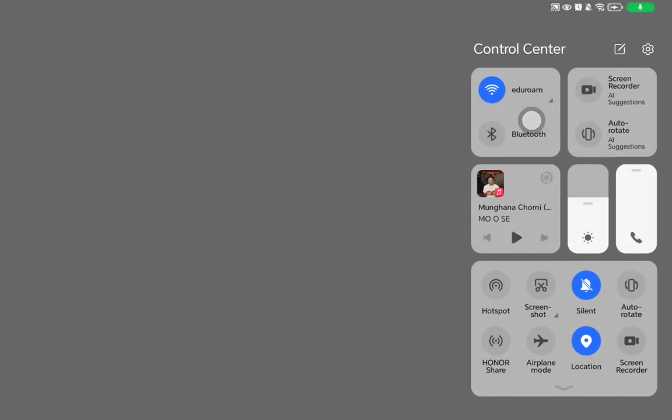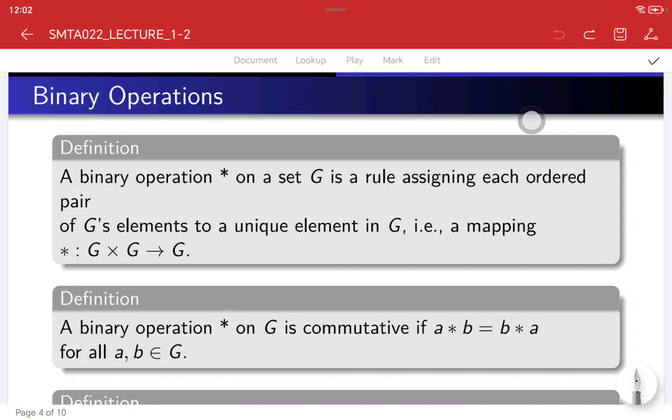When we come to define this, we can say that a binary operation can be commutative. A binary operation star on G is commutative if A star B is equal to B star A for all elements A, B in G. If we take these two elements in G and compute them, this will be commutative.